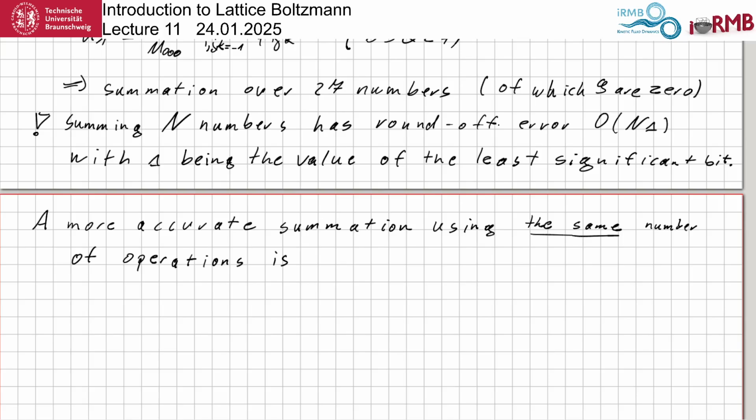What did I write? Operations is, so there's a cascade, sometimes it's called the pyramid, or the pairwise summation.